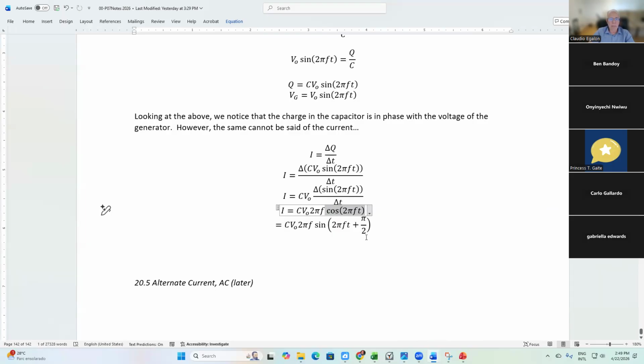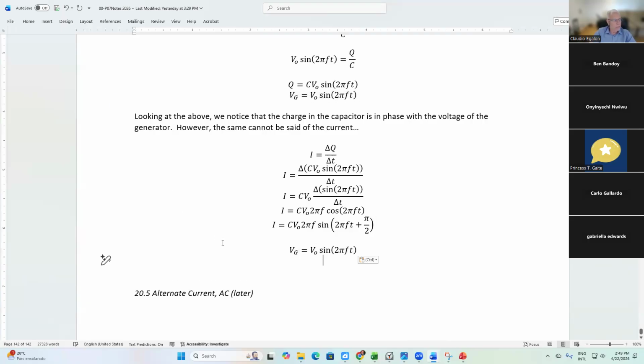They are out of phase by 90 degrees. The cosine of 2 pi ft can be written as sine of 2 pi ft plus pi over 2. So we say that the current is out of phase with respect to the voltage by a 90-degree angle. We say that the current leads the voltage.